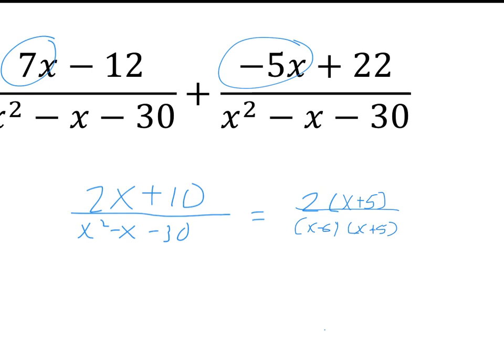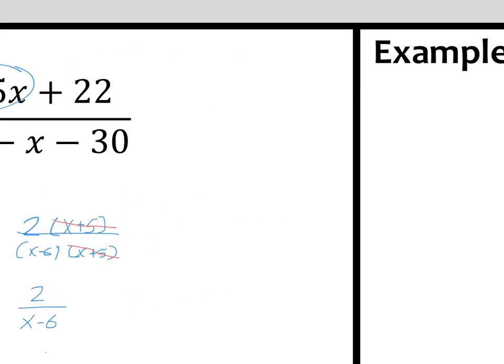Looks like we have a common factor of x plus 5, so I'm just going to cancel those. x plus 5 and x plus 5 divide to 1, and we're left with 2 over x minus 6. We're done and ready to move on to example number 2.